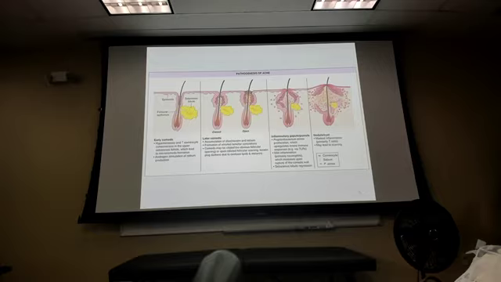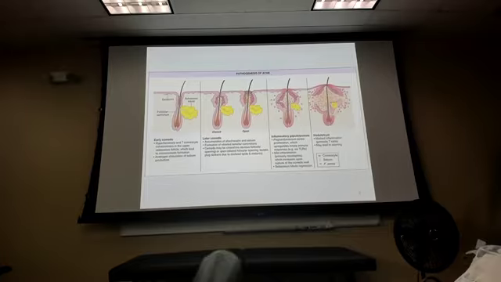Here's a picture showing those different types out there. Okay, so mild, moderate, severe. We're going to look at another chart that's going to give you key components of what they are different about.